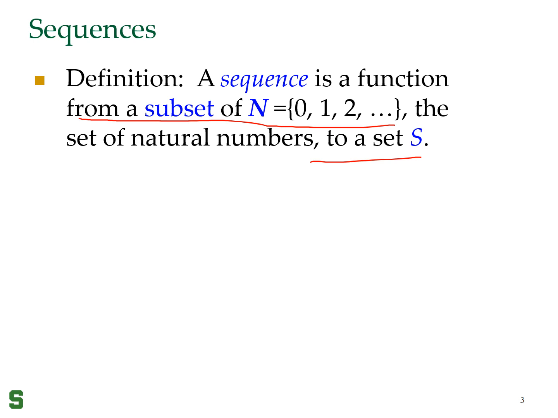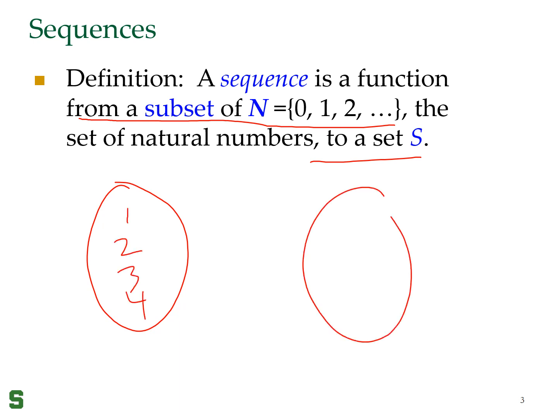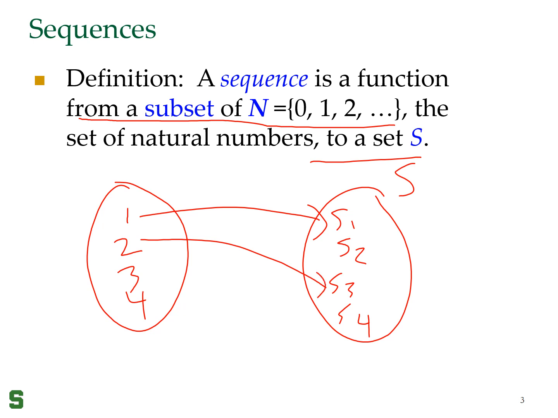So essentially, I could think of this as I have some subset of N, so maybe I have 1, 2, 3, 4, and here I have the set S that contains S1, S2, S3, S4. And I'm going to have a function that I'm going to map from this subset of N to the set S. So maybe I have something like this, something like this, something like this, something like this.